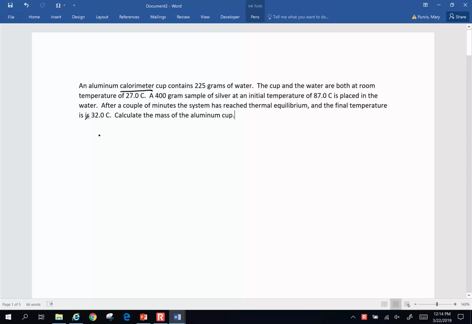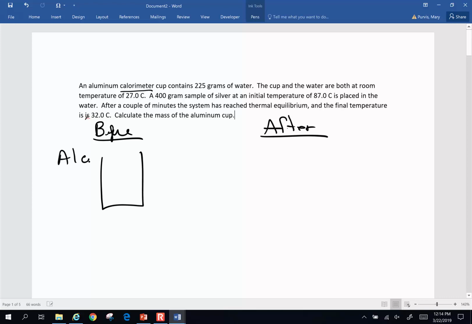So I'm going to draw a little bit of a sketch here just so you get an idea of what's happening. If you have a lab portion of this class, the calorimetry problems you're going to do are going to look very much like this. So before, what we have is an aluminum cup, and it has some sort of water in it.